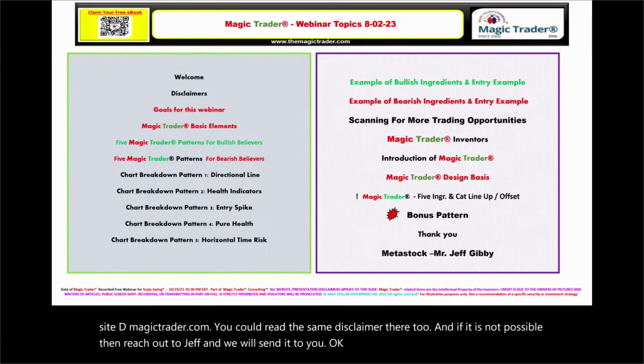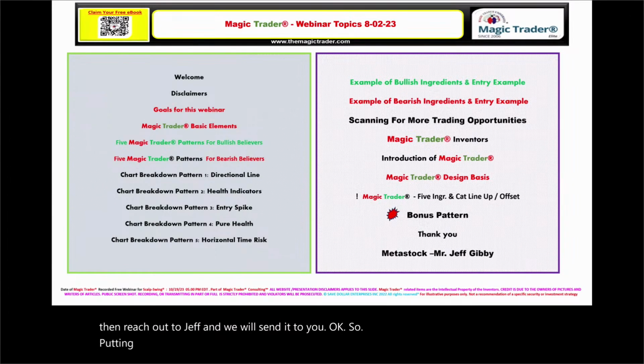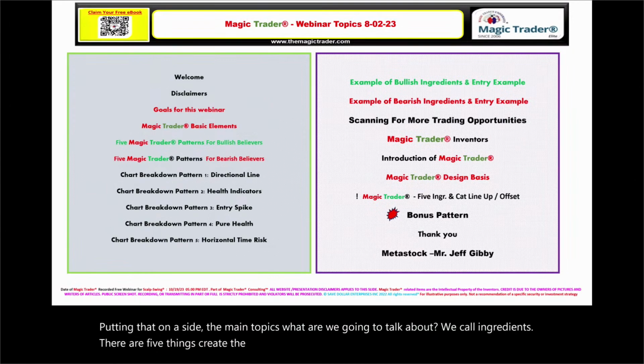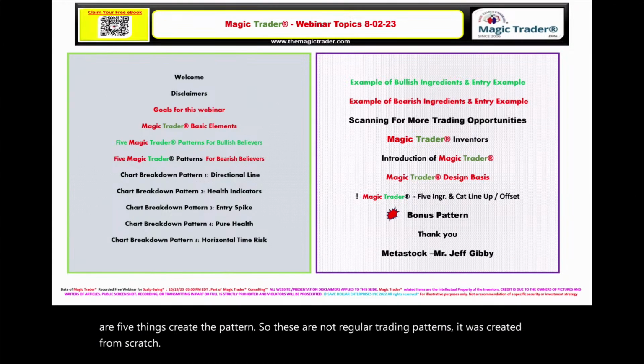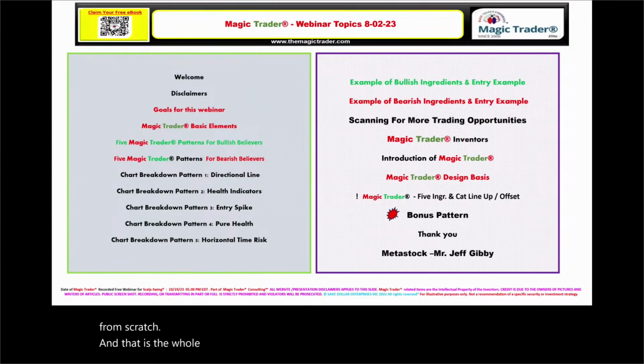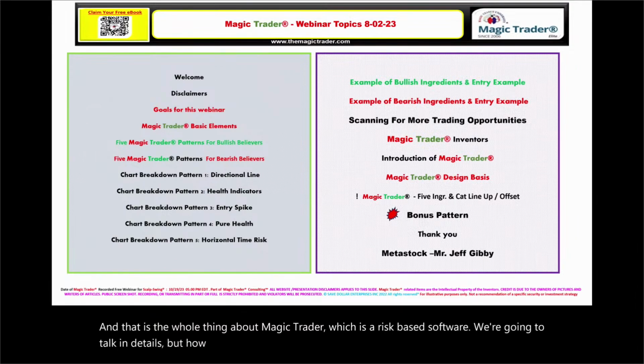Okay, so putting that aside, the main topics we're going to talk about, we call ingredients. There are 5 things that create the pattern. These are not regular trading patterns. It was created from scratch, and that is the whole thing about Magic Trader, which is risk-based software. We're going to talk in detail about how I'm funding the trades from the software we created.